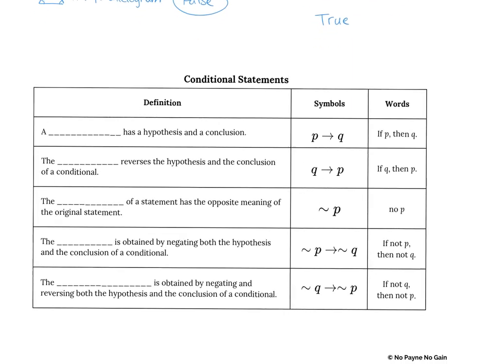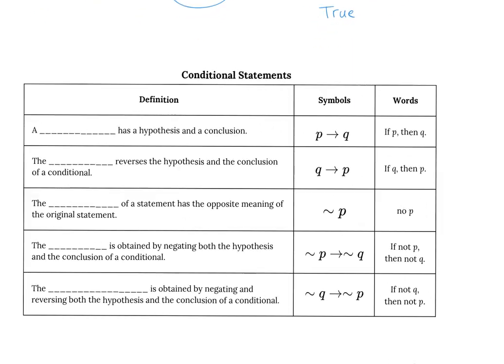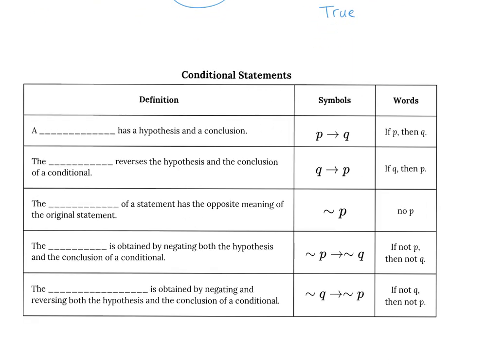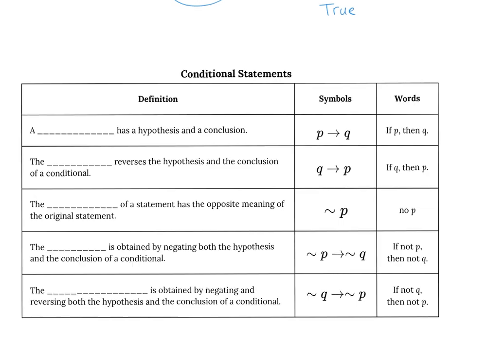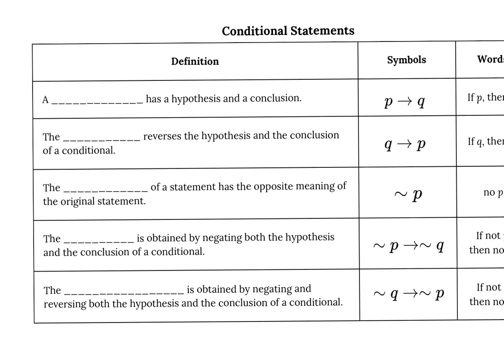All right, so we're going to look at some more types of conditional statements. So our first one, a conditional, has a hypothesis and a conclusion.